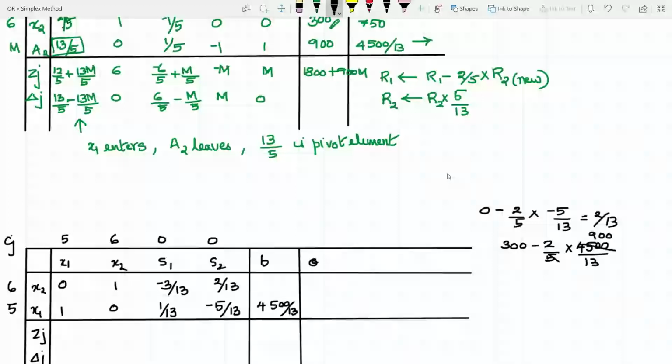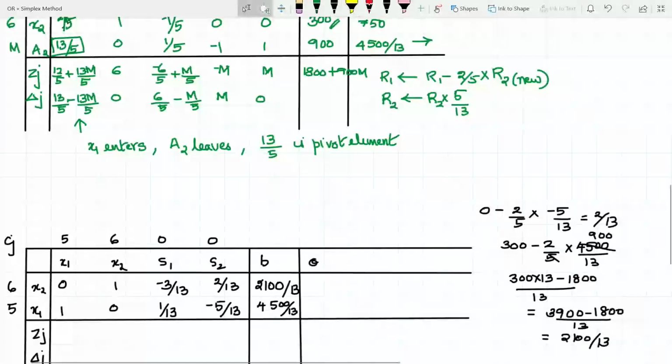So 300 into 13 is 3900, minus 1800, divided by 13. That is 2100 divided by 13. So you have here 2100 divided by 13.